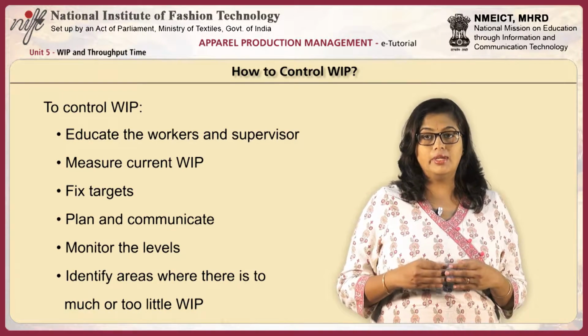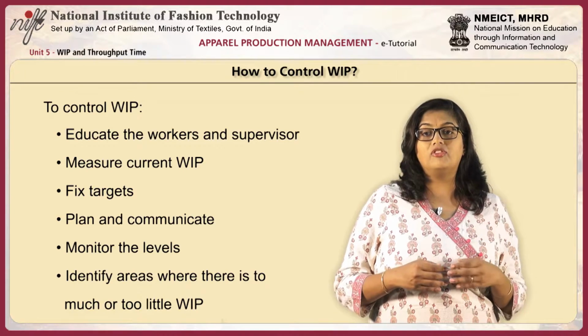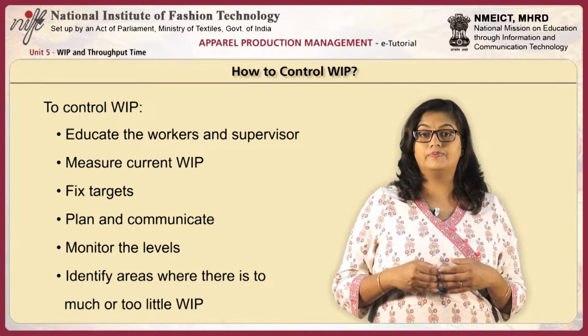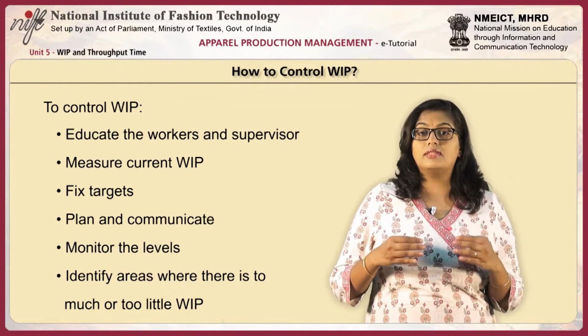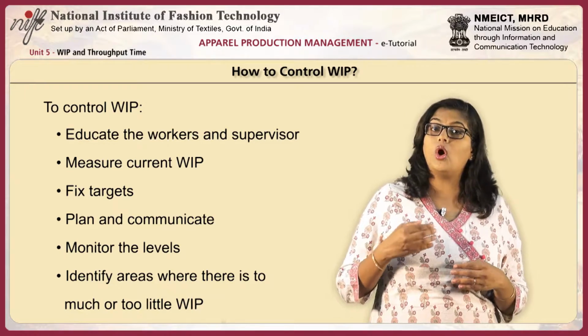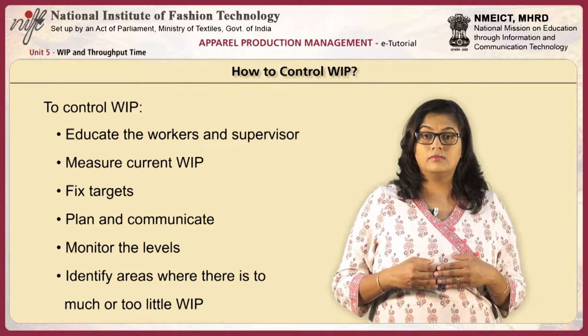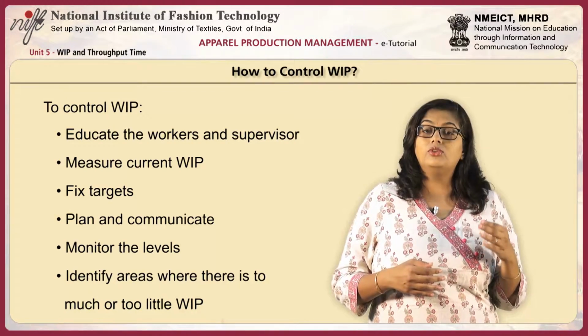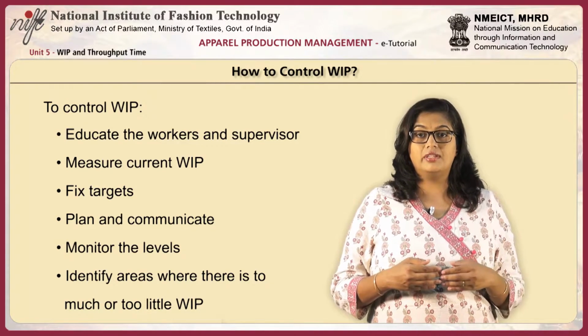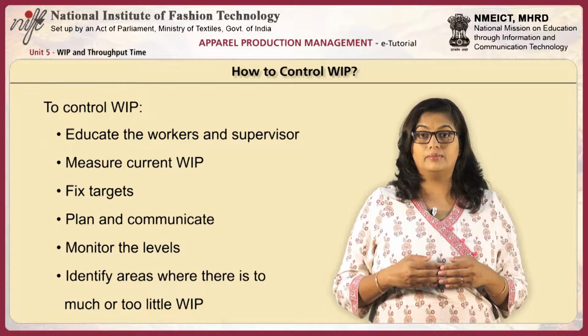A target should be agreed on for the amount of WIP required. Once the target is set, we need to plan and communicate to all levels. We then need to consistently monitor the levels of WIP across departments and across the factory.